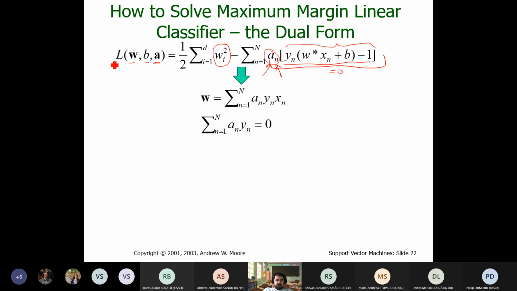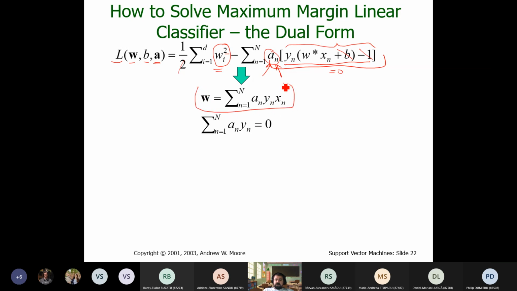So this is the Lagrangian, right? If we derive it and set it to 0 in order to obtain w, what will we get? The derivation of this will cancel this 2, so we will have w, and here we derive with respect to w. So this will disappear, and from here we will get the summation over an, yn, xn.